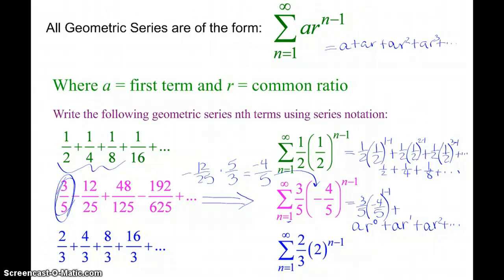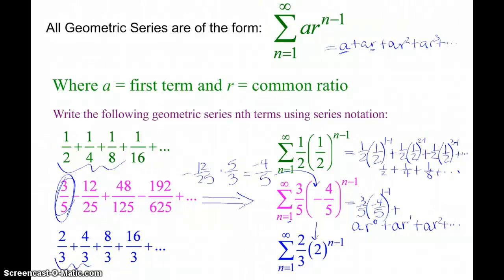And in that form, it's easy for us to recognize A, and it's easy for us to recognize R. And as I said, when we talk about the sum of a geometric series, recognizing A and recognizing R is super important.